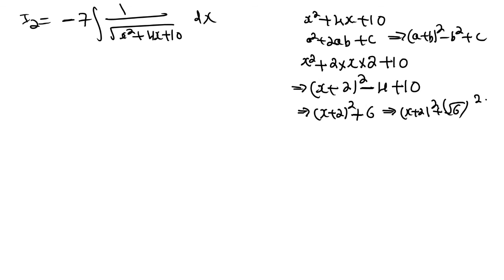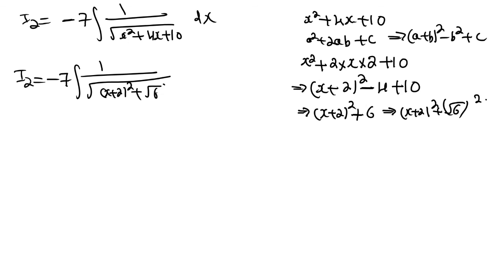Substitute here. So I2 value is equal to minus 7 into integration of 1 by square root of x plus 2 whole square plus root 6 whole square, into dx. Then in the next step substitute x plus 2 equal to t. If you differentiate with respect to x, dx is equal to dt.